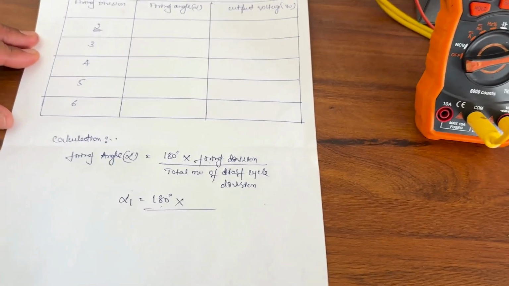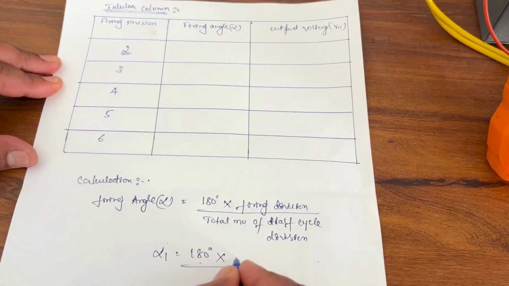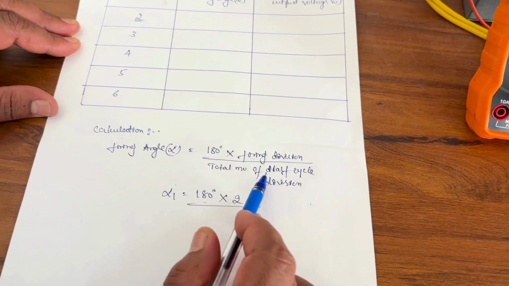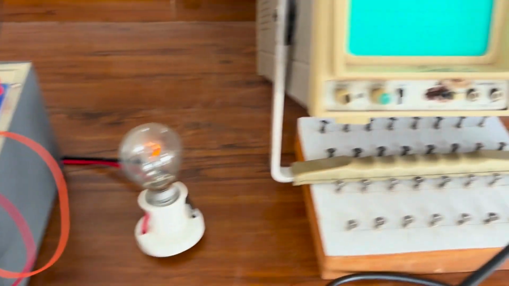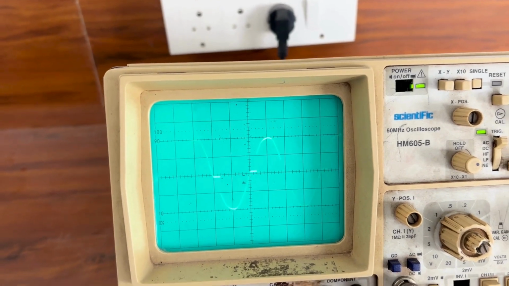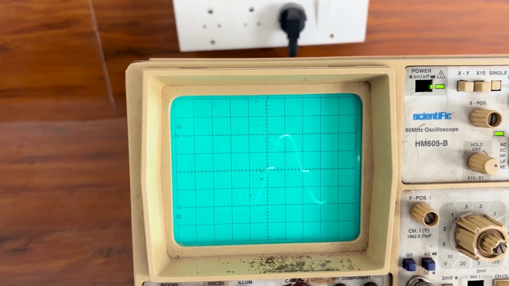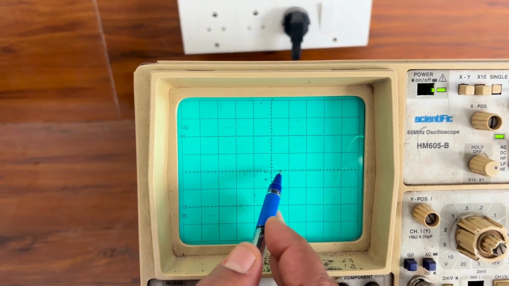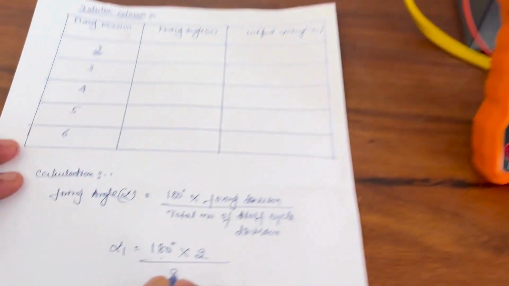You can see there is a half cycle in the CRO also. That is the firing divisions, so I'll write it as 2. And for the total number of divisions for the half cycle, that is 9. You can observe how many divisions are here for the half cycle: 1, 2, 3, 4, 5, 6, 7, 8, 9. So total 9, that's why it is written as 9.